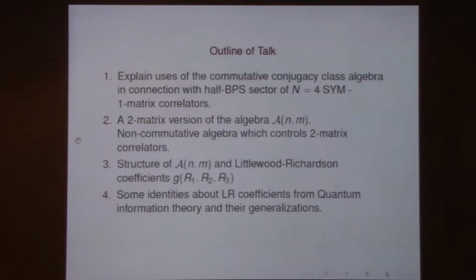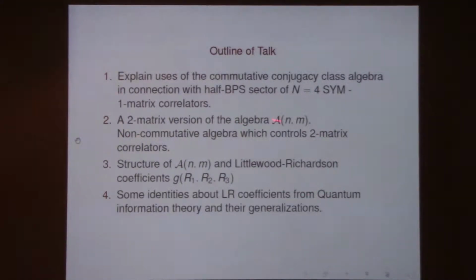Great. So the outline of the talk is that I'm going to explain how one uses this commutative conjugacy class algebra in connection with one-matrix correlators. Then I will explain a two-matrix generalization of this algebra, which depends on two numbers, little n and m.